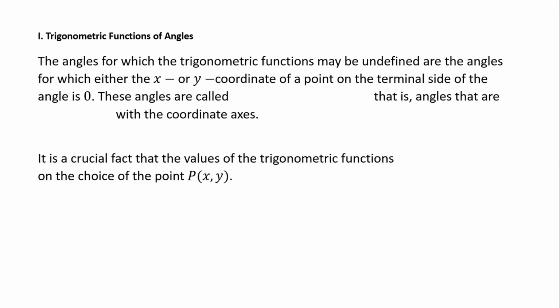The angles for which the trigonometric functions may be undefined are the angles for which either the x or y coordinate of a point on the terminal side of the angle is 0. These angles are called quadrantal angles, that is, angles that are coterminal with the coordinate axis. It is a crucial fact that the values of the trigonometric functions do not depend on the choice of the point P(x, y).